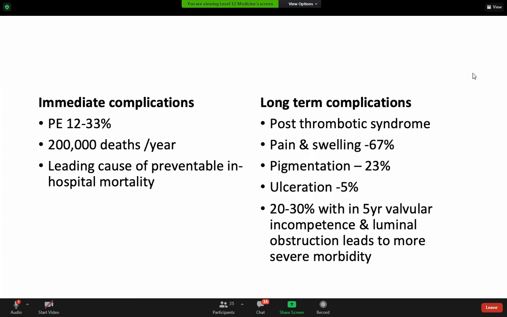Complication of the DVT, the immediate complication which you do not want to happen, which is PE, of course, up to 30%. Long-term complication is something called post-thrombotic syndrome, which I mentioned a while ago. If the patient has reflux secondary to the DVT, we call it post-thrombotic syndrome. They usually have pain and swelling while walking and standing.